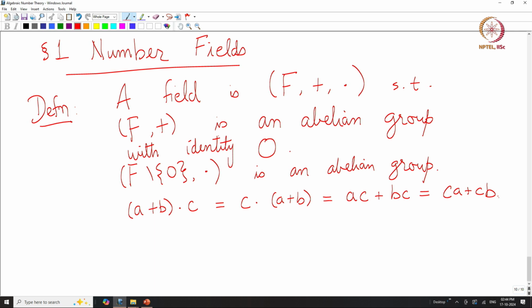Okay. So, a field will usually be denoted by just F, we will not write the plus and the dot with it. So, we will just say that F is a field.